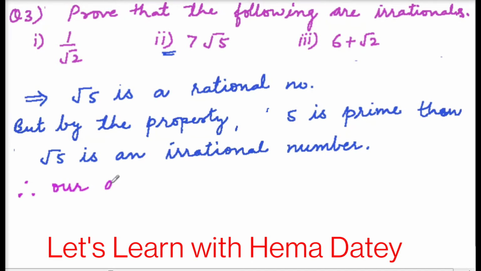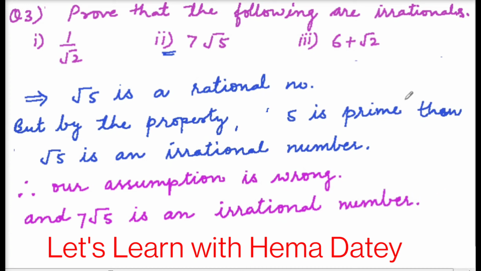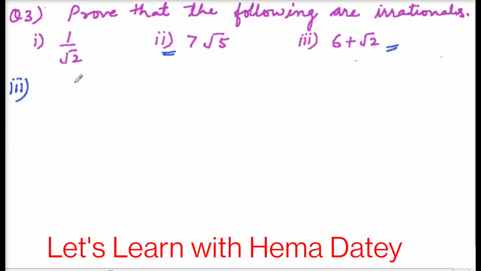We can write, therefore, our assumption is wrong. And 7 root 5 is an irrational number. It proved. Let's do part 3.